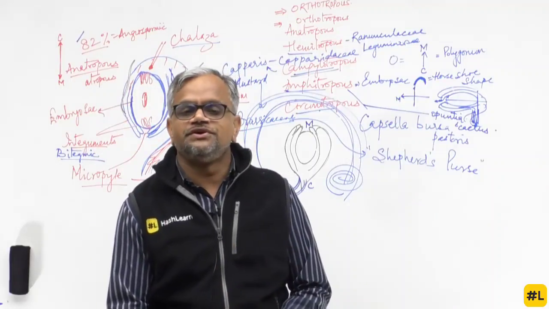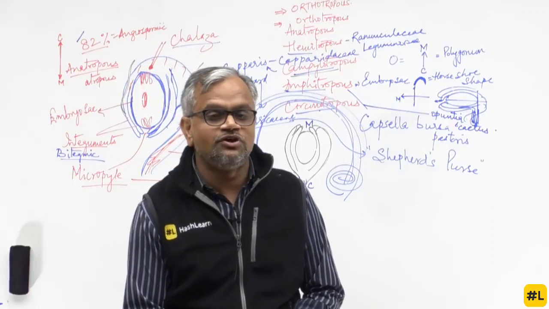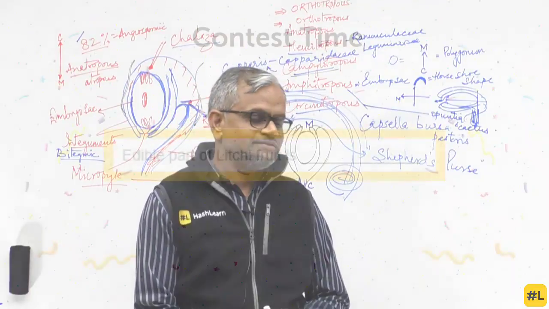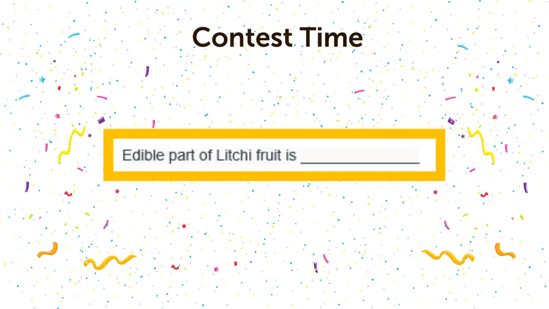And now it is today's contest question, 30 seconds. The edible part of lychee fruit is... Sir, what is lychee? Lychee chinensis, a type of fruit. Please give me the answers.